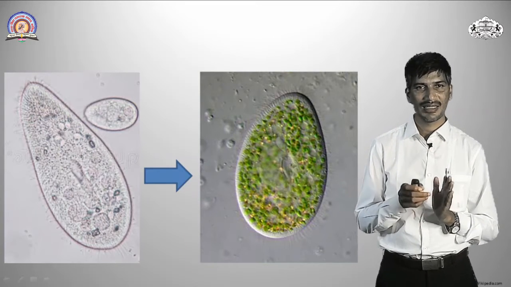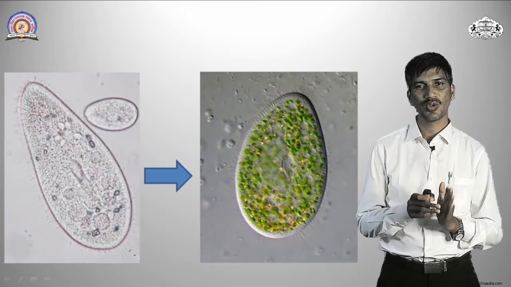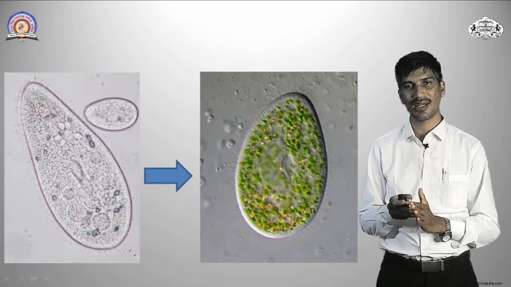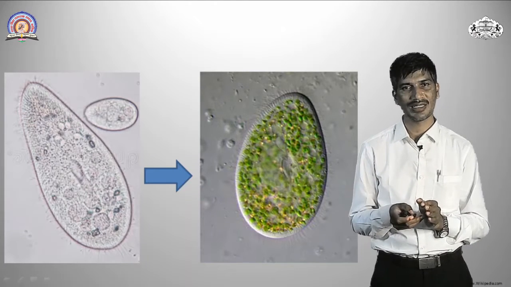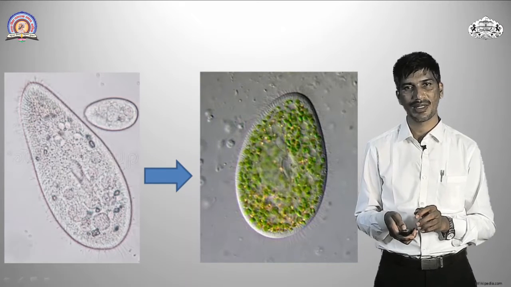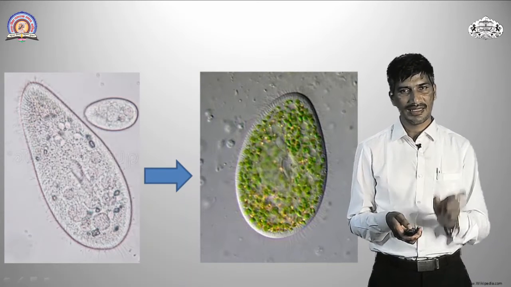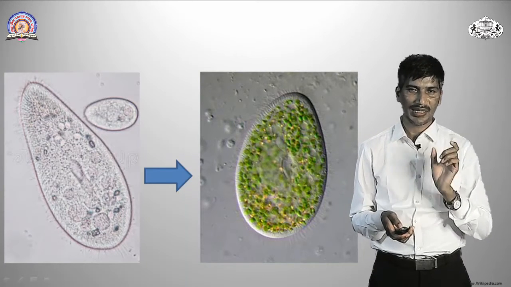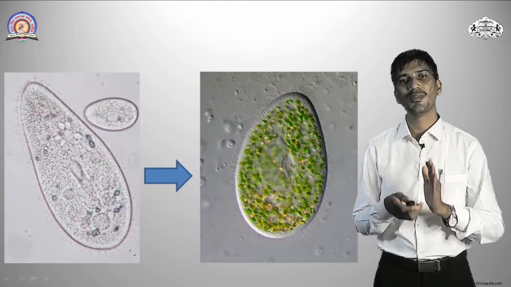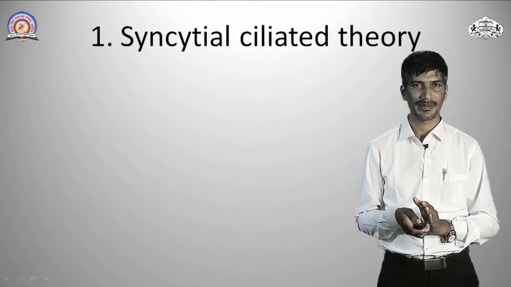That means this animal goes through the syncytial division and then the cellularization process is completed. A multicellular organism is developed, and thus the idea is put forward that a single cell is responsible for multicellular organism development.